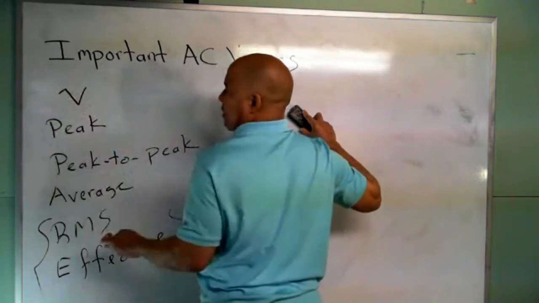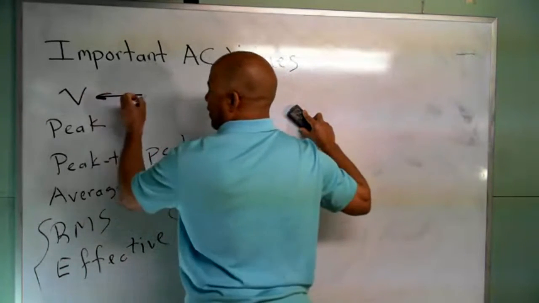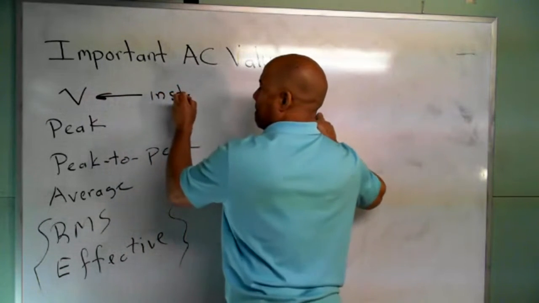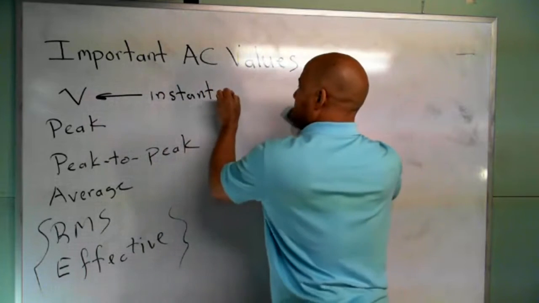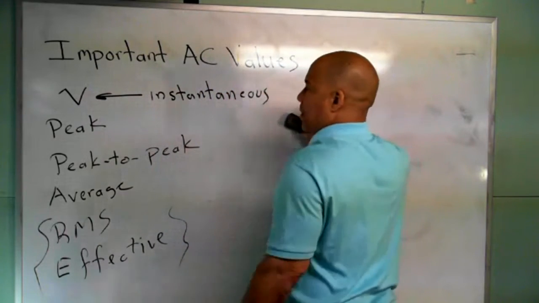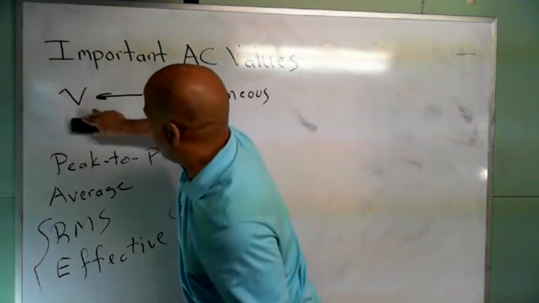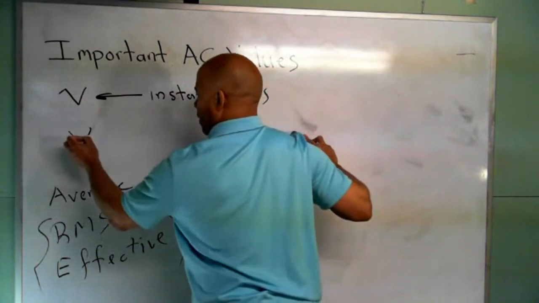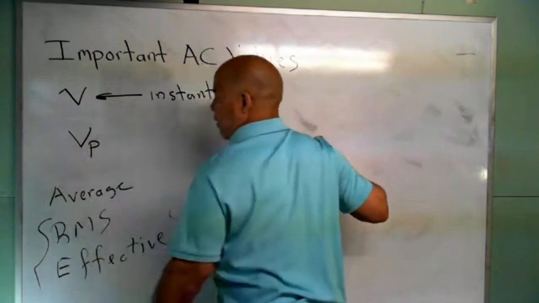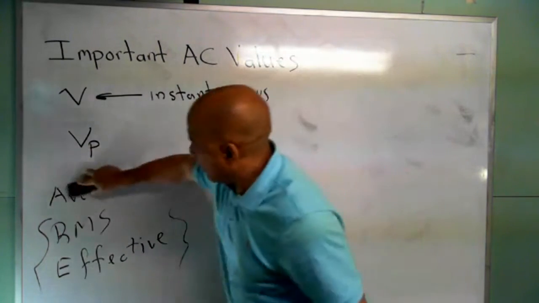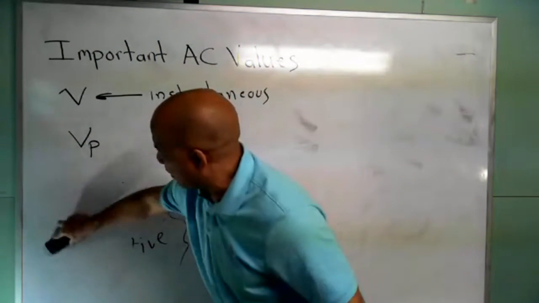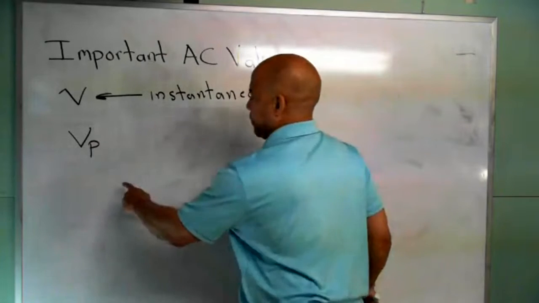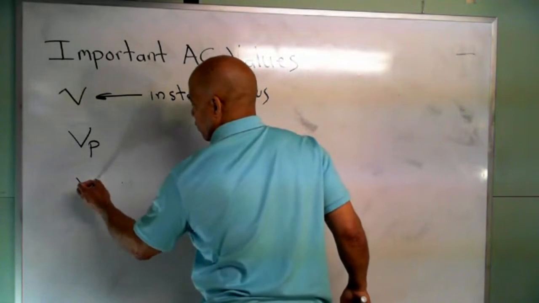So what I'm going to use are these symbols. A lowercase v, that's the instantaneous value. For the peak value, it'll be a capital V, subscript P, and then the peak-to-peak value, the same thing with two P's. So peak-to-peak will show this way.